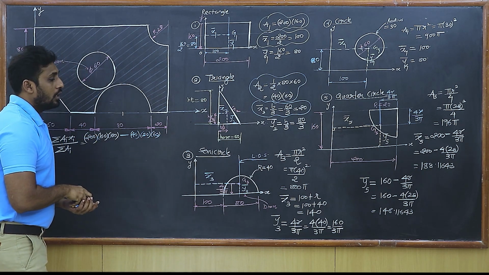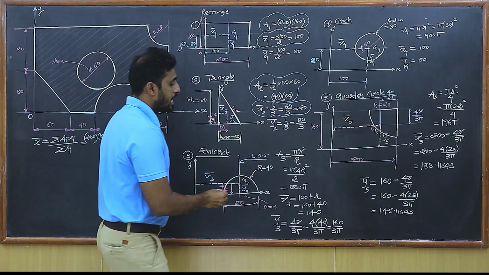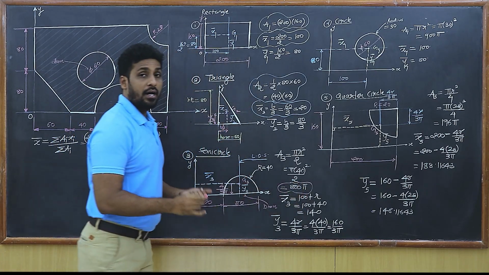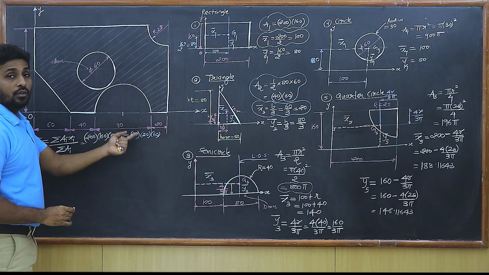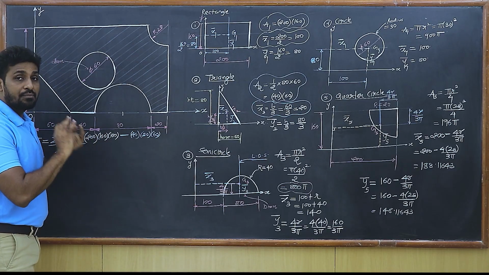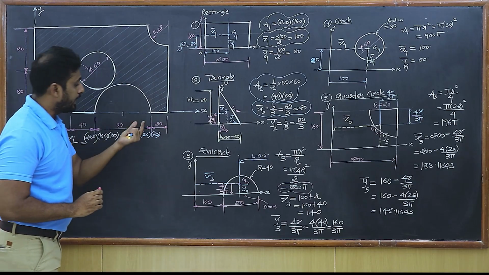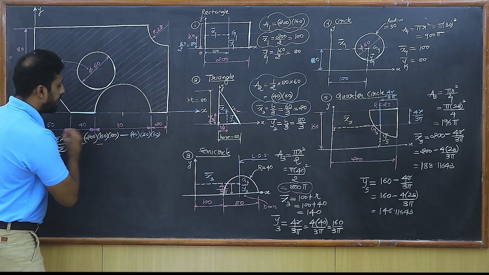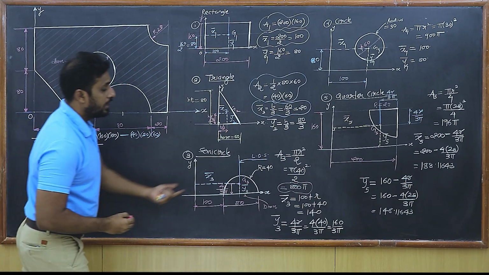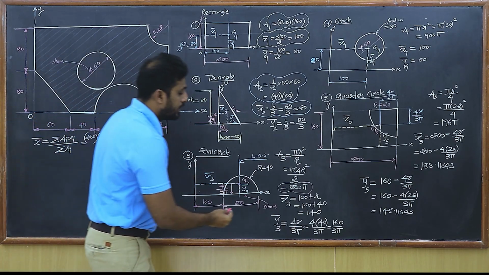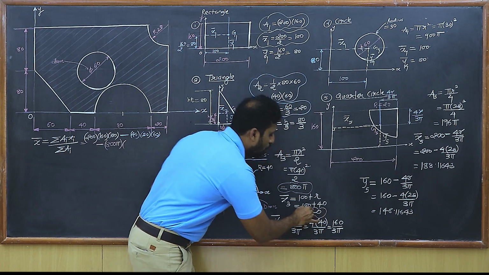Let's proceed further. The next one you can observe, the area is 800 pi, isn't it? Again, this is the area of the semicircle. Again, you can observe that the semicircle needs to be removed from the entire composite shape. So area is again going to be negative. So I write 800 pi, that's the area, multiplied with x bar, which is 140.